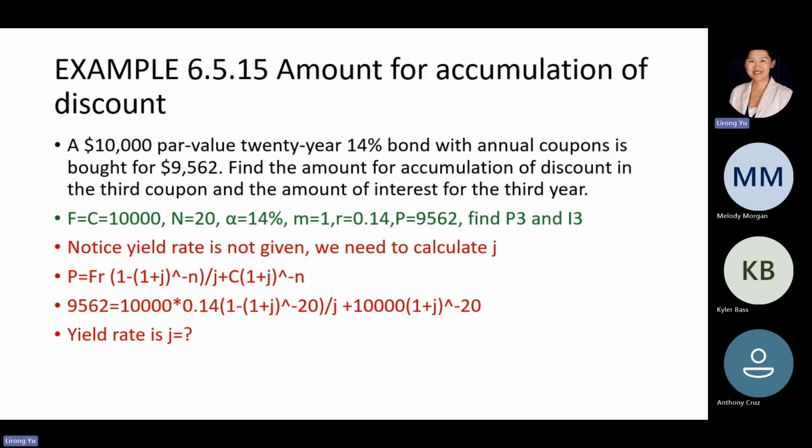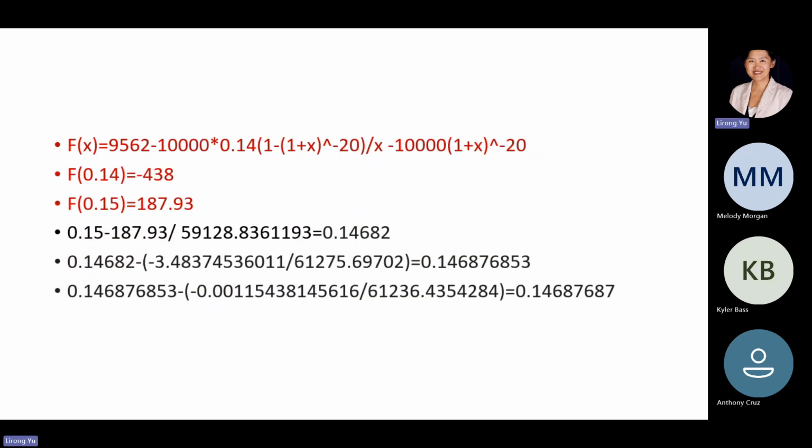With that equation, we are supposed to solve for j. Any questions? Then there's a solving part. This is how I solved it. I actually did Newton's method. I put in 0.14 and 0.15, and there's one positive, one negative, so I know the answer is in between those numbers.